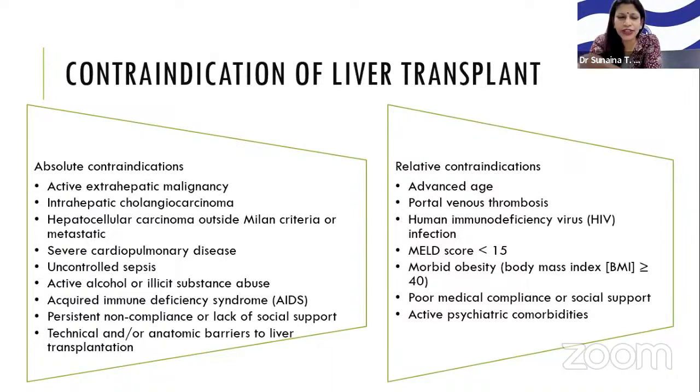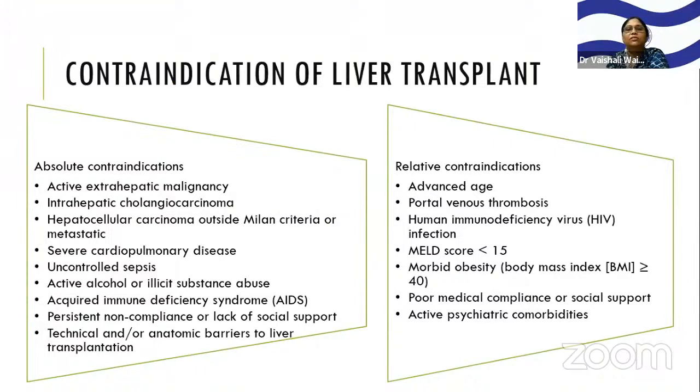I don't think QT prolongation is included in this list. QT prolongation is not a contraindication. Hepatopulmonary syndrome, of course, if the PO2 values are going less than 50, then that is a contraindication. QT prolongation you will find in almost all cirrhotics, so that is never a contraindication. Okay. Uncontrolled sepsis, active alcoholism, acquired immunodeficiency syndrome, and persistent non-compliance or lack of social support. In these patients, liver transplant is contraindicated, absolutely.